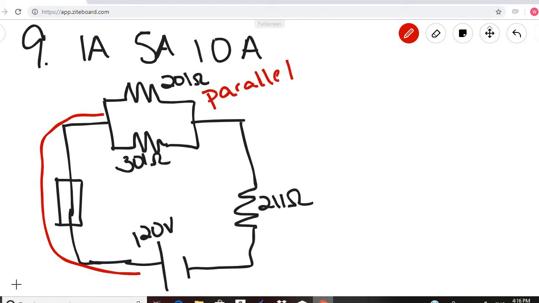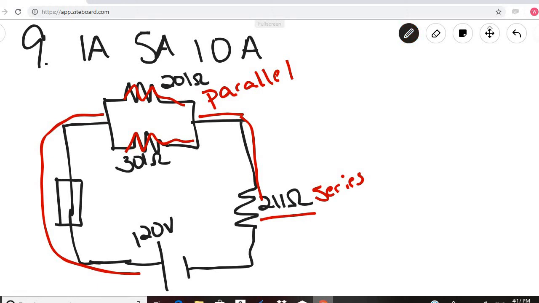But then it's going to join up together, and it doesn't matter if it goes this way or this way, it's going to have to go through that one. So this one is in series. So we'll just add that one to the resistance that we figure out on the other two. So let's go ahead and do the 201 and the 301.